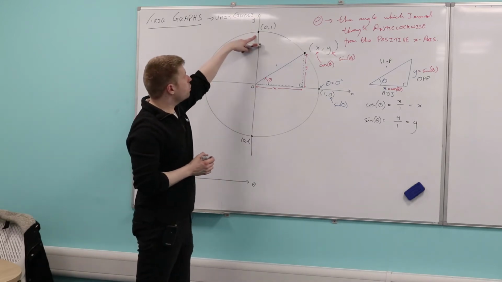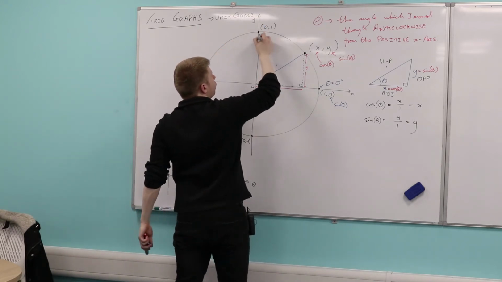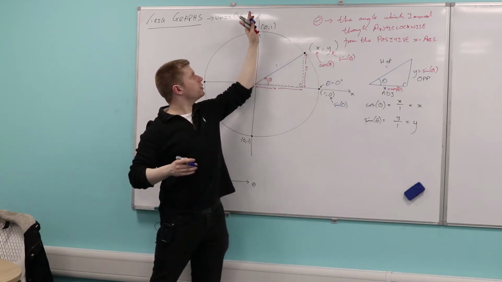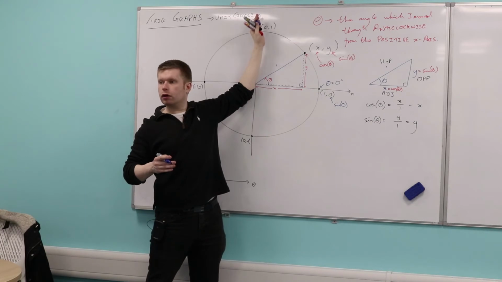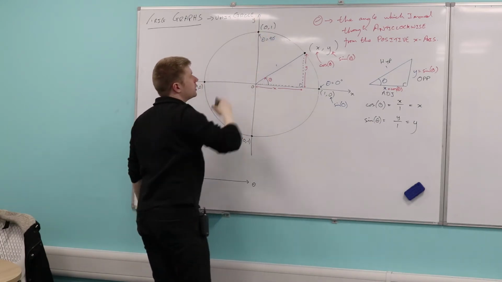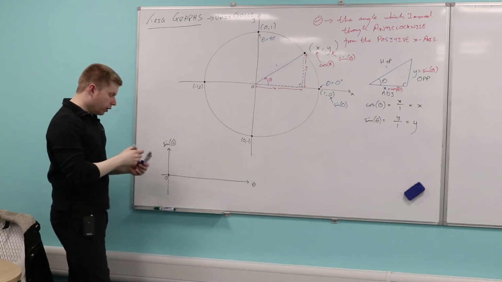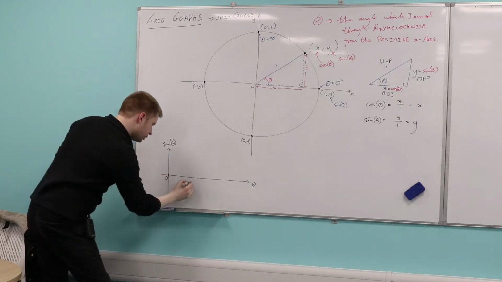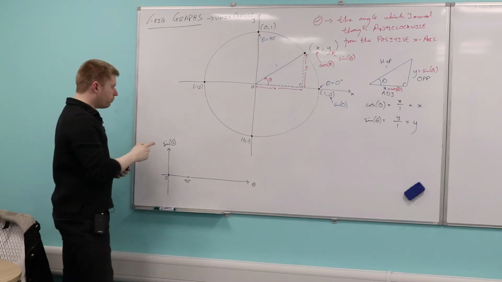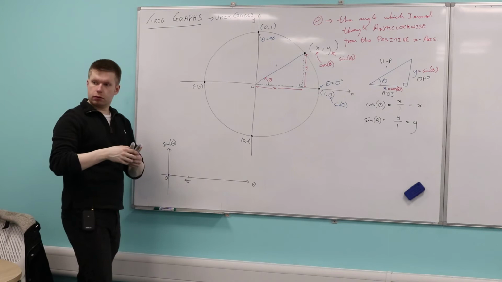Let's move up here then. What angle have I moved through when I'm sitting up there? Remember, I've started here and moved anti-clockwise from the positive x-axis. 90 degrees. So my angle is 90 degrees when I'm sitting there. Let's do 90 degrees next. What is the value of the sine of 90 degrees?